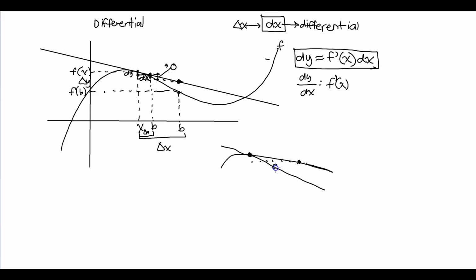If this is dx, this is dy. Okay, dx is our super small change. This is dy. And this equals f prime of x, because f prime of x, as you remember, is our slope. Okay, so we have a change in y over change in x. Must equal f prime of x. That must equal our slope. So dy/dx equals f prime of x.